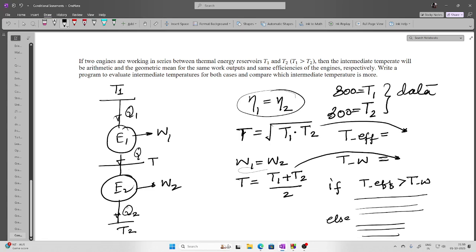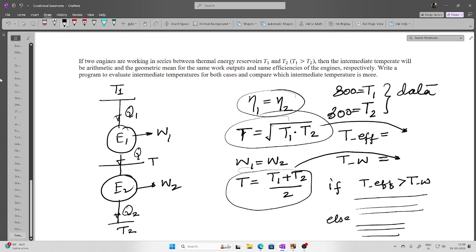Okay, that is how you can work with it. And you already know the answer, it is not a very big deal because you all know that the arithmetic mean of two numbers is always more than the geometric mean of two numbers provided those numbers are not the same. It is a very simple thing.